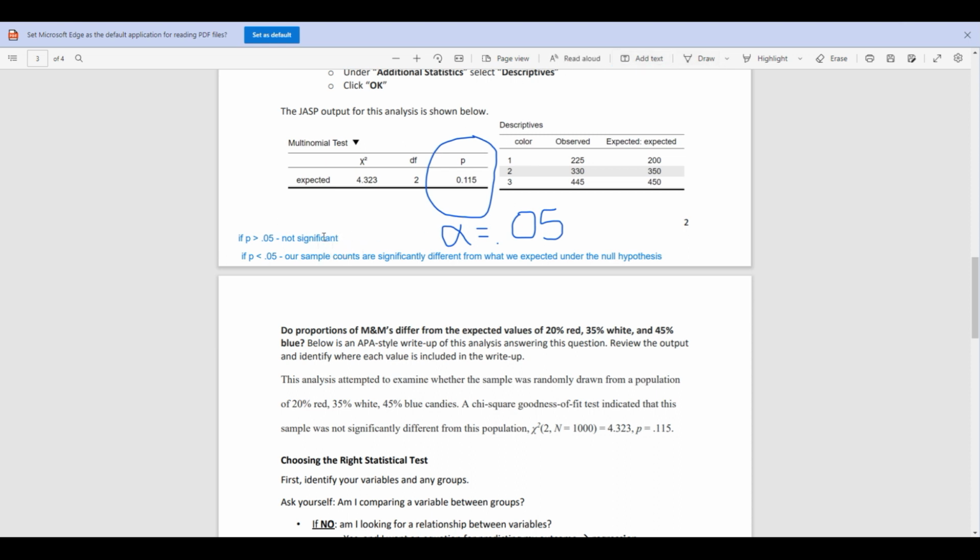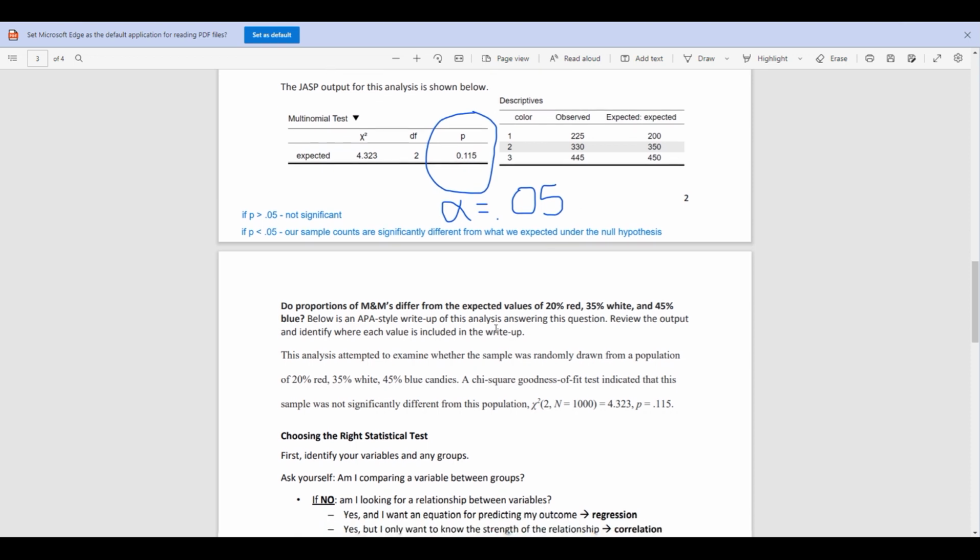So examining our p-value that we got here, 0.115, this is above 0.05. So in this case, we would conclude that it is not significant. We do not have evidence that there is a significant issue here, that these counts are significantly different than what we would expect if everything was running smoothly.